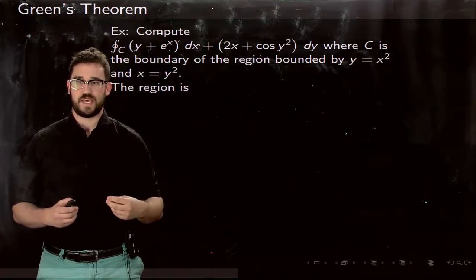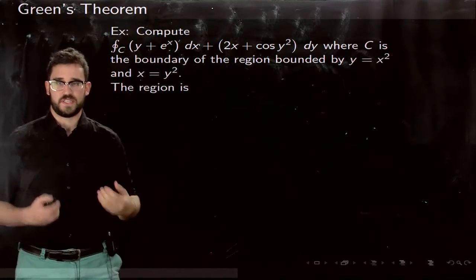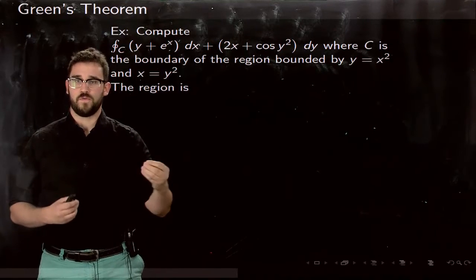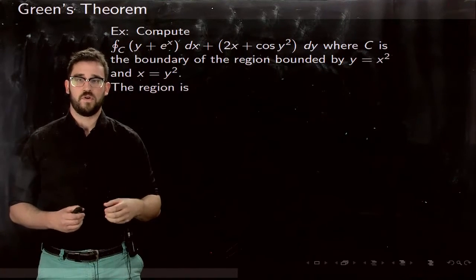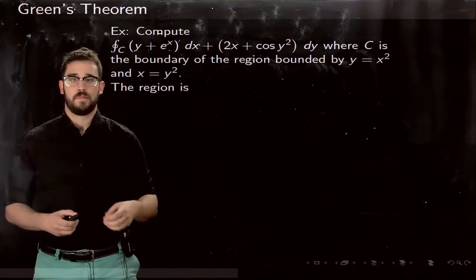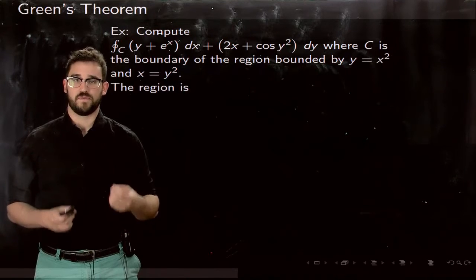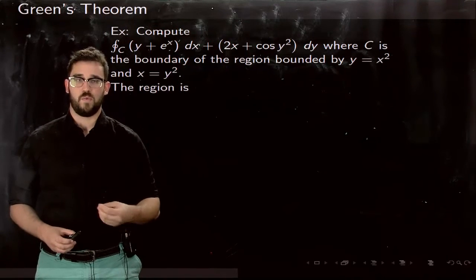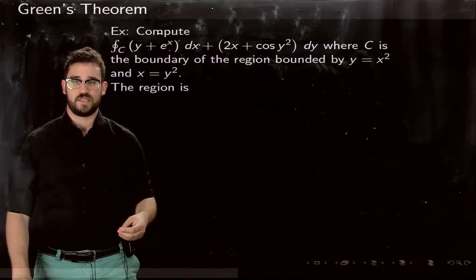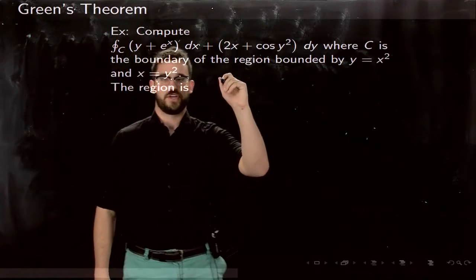Now let's do an example. Suppose we are asked to solve the integral over the curve C of y plus e to the x dx plus 2x plus cosine of y squared dy, where C is the boundary of the region bounded by y equals x squared and x equals y squared. So let's actually look at that region.